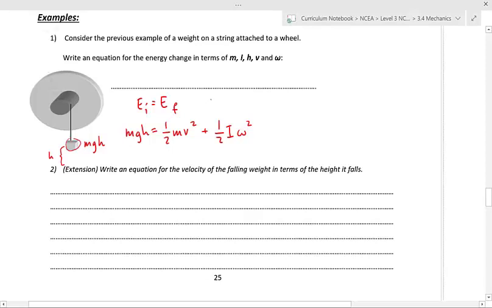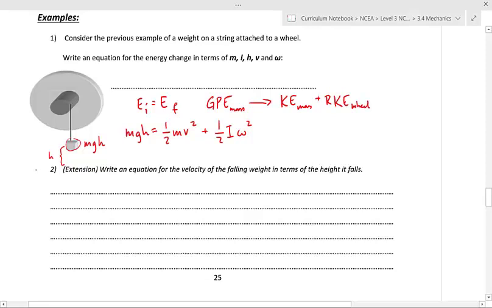So basically the GPE of the mass has been converted to KE of the mass plus KE of the wheel.